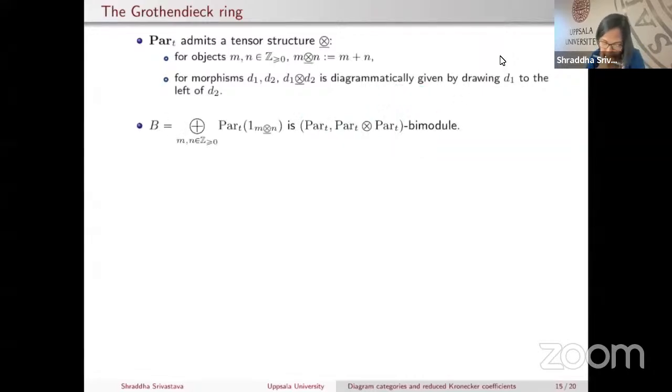And then the tensor product on this partition category gives the tensor product for the modules over the path algebra. We are always looking at left modules. So in particular, we have a bi-module, a P tensor P bi-module. This is just the ordinary tensor.